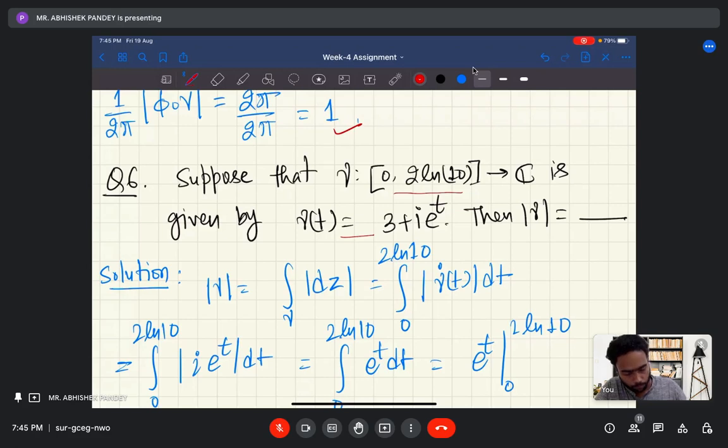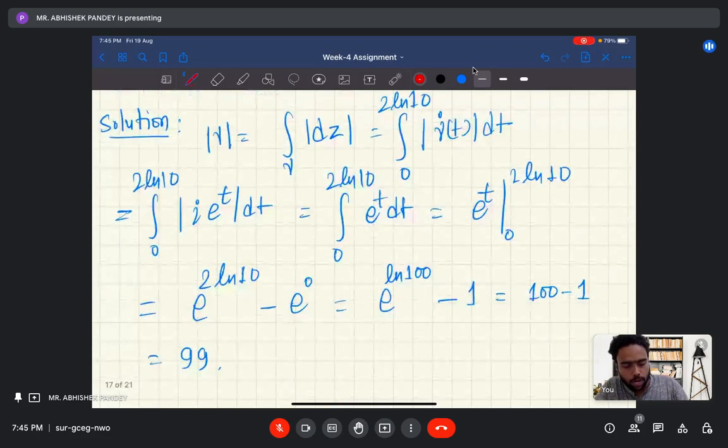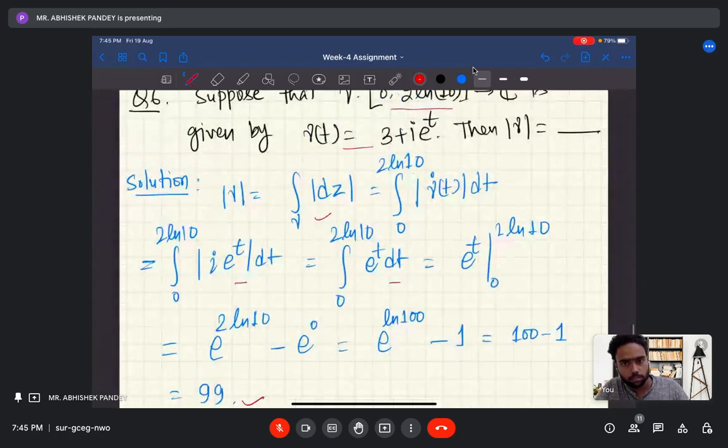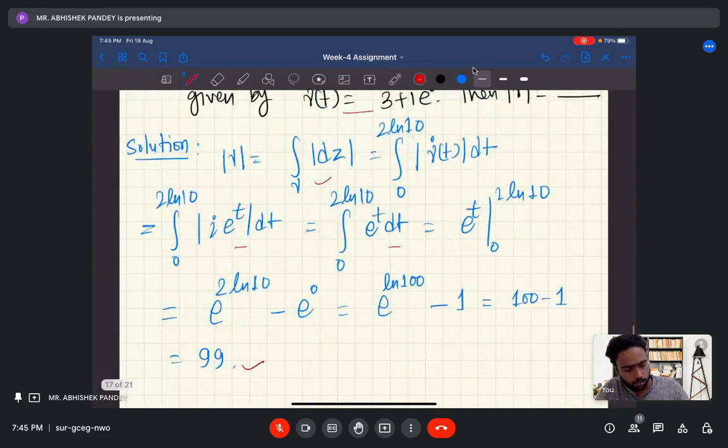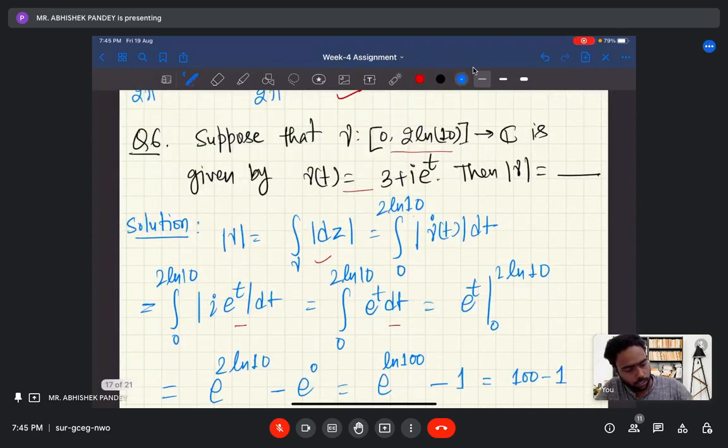The length of gamma is defined like this, the Euclidean length, and this will be the integral from 0 to 2 ln 10, basically log 10 base e, of the norm of gamma dot t dt. Now this is just an easy calculation, so you will get 99. The answer is 99.